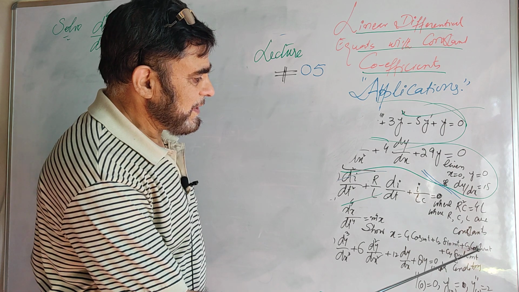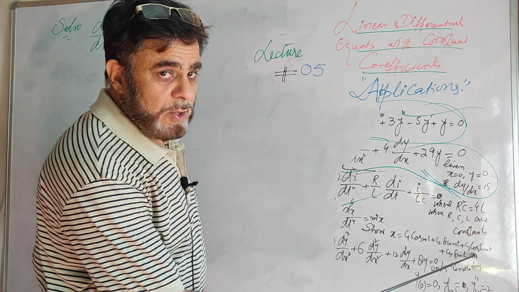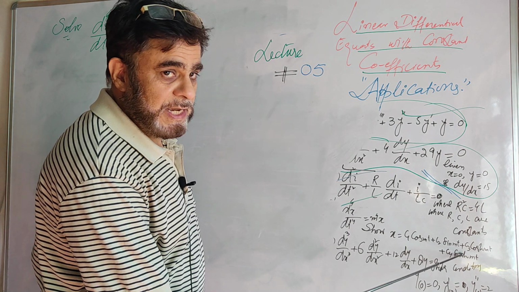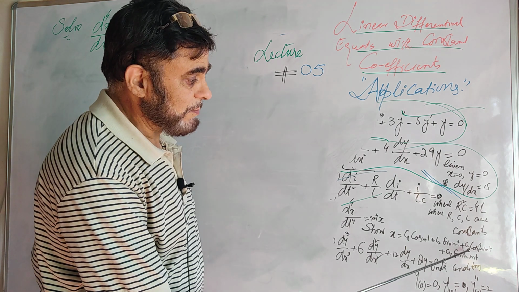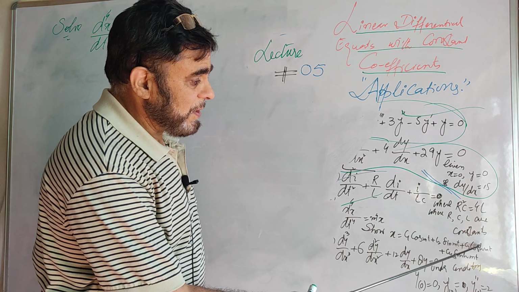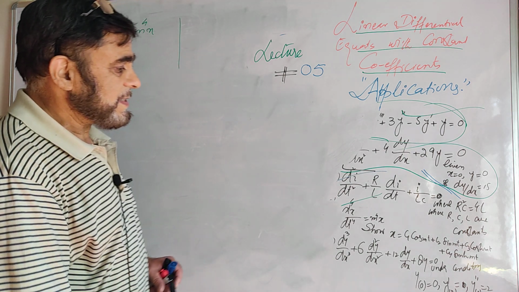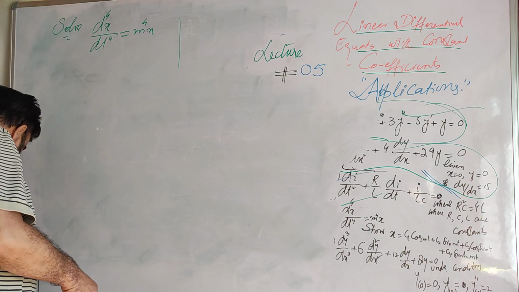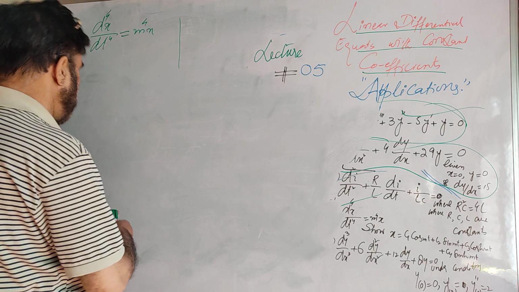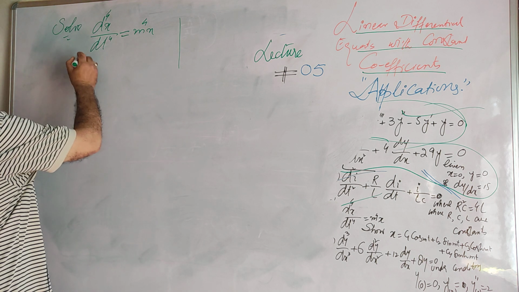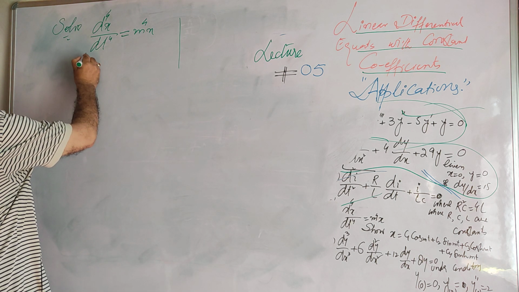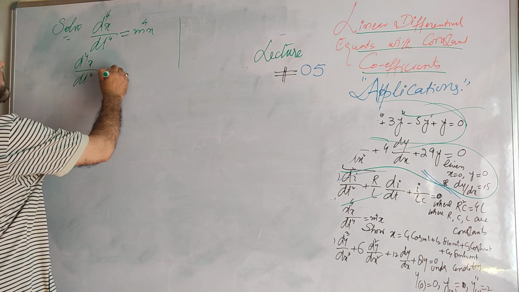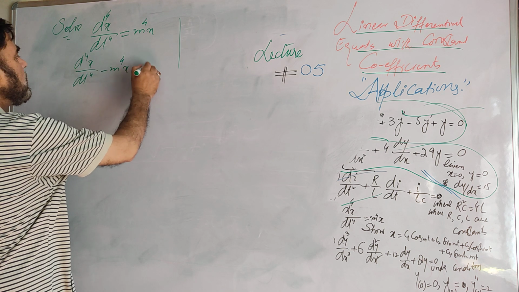Then it is c3 hyperbolic cos mt, then c4 sin hyperbolic mt. So I have to involve in the answer cos hyperbolic and sin hyperbolic. You see how we go for its solution, how we solve it. Now we can write this differential equation as d4x by dt4 minus m4x is equal to 0.